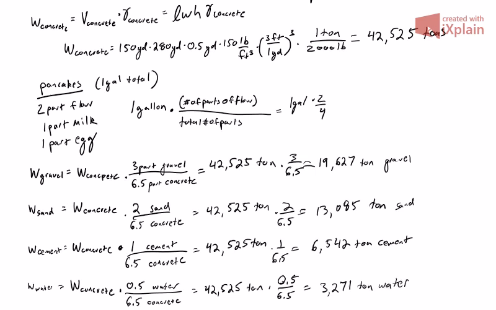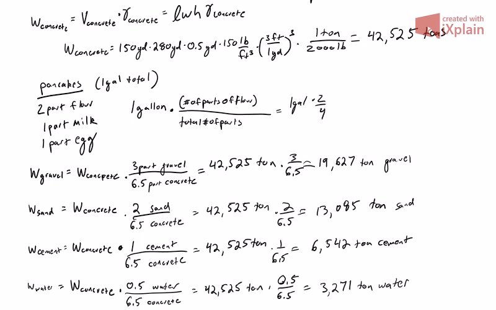And just to check our work, you could add up all 4 of those numbers, and you can see that it adds up to the total weight of concrete that we wanted. So that's one way you can dummy check yourself to make sure you get the right answer. So that process doesn't change for these concrete problems.